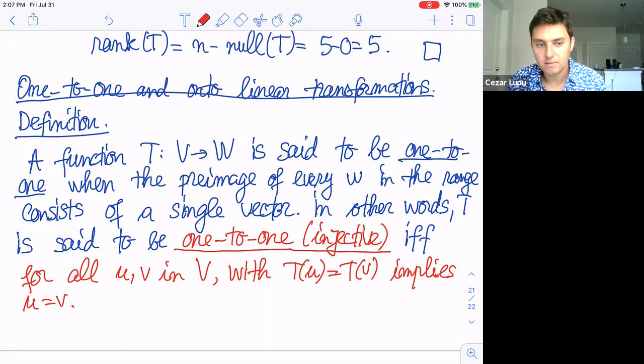This is what it means for a linear transformation to be injective or one-to-one.